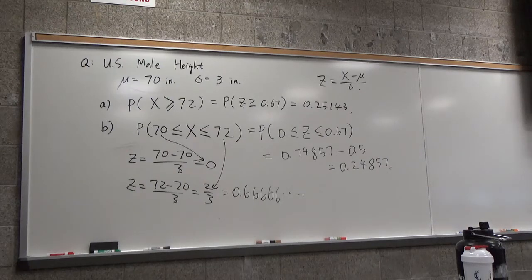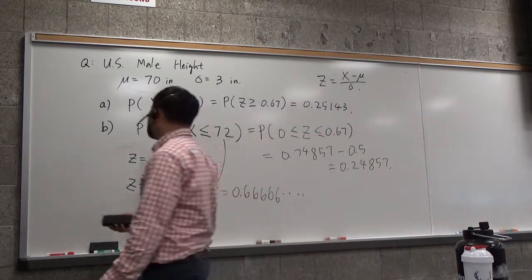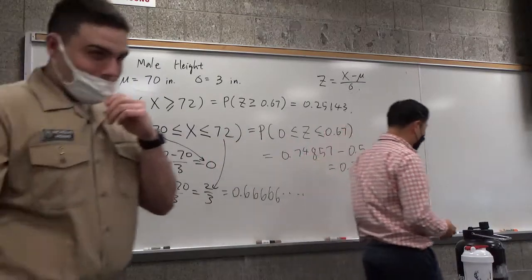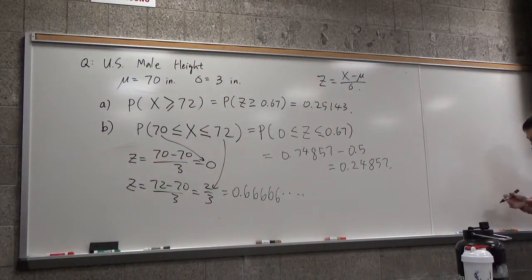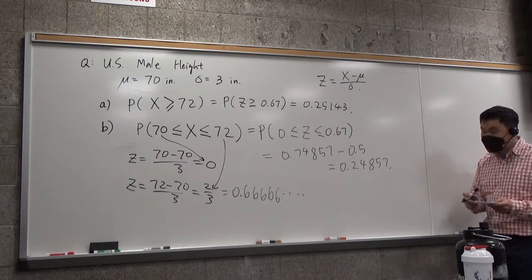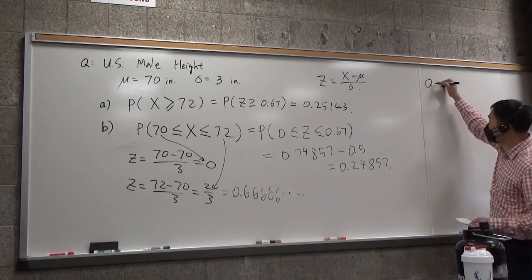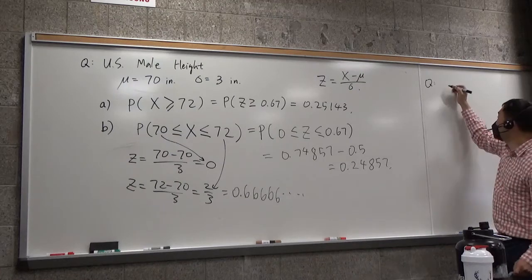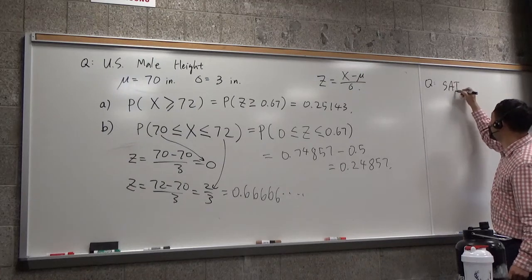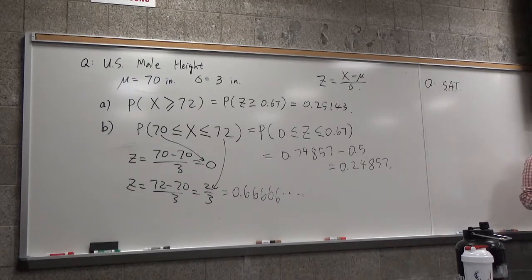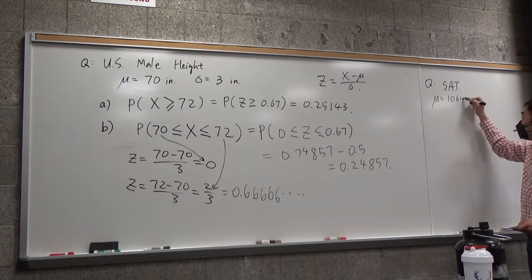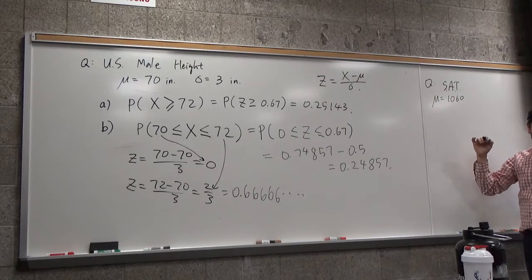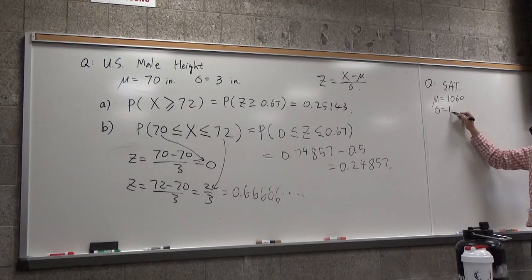Now the z-score actually gives you some idea of the distribution in various senses. So let me pose a second question that you can try. The SAT scores. I don't know which year this was, but the mean value is 1,060, and the standard deviation is 195.